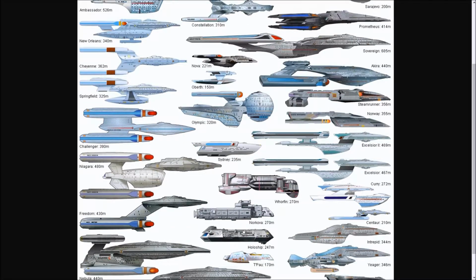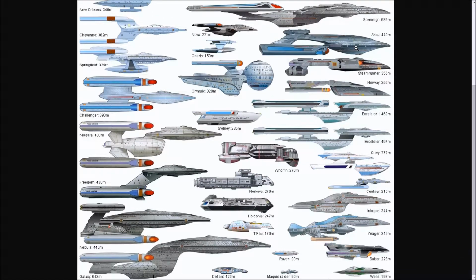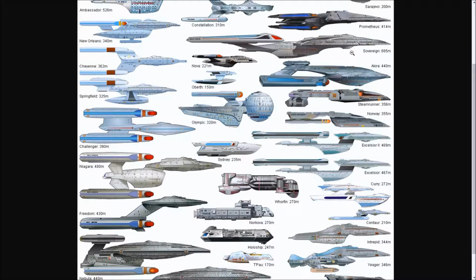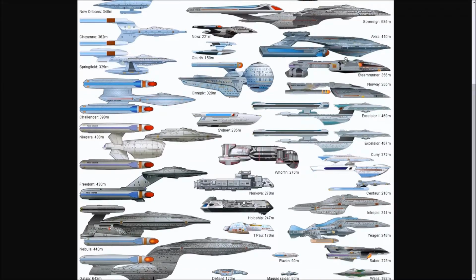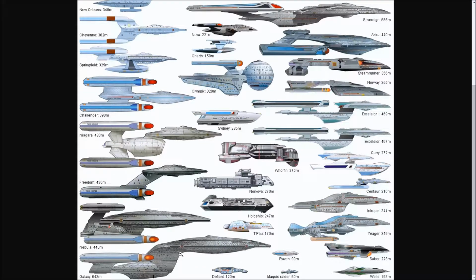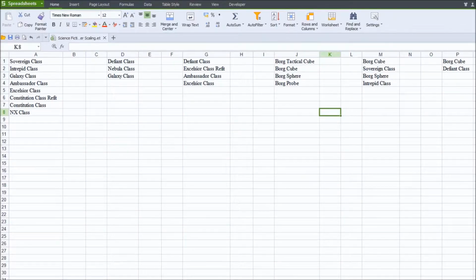Then we've got the Sovereign class, and the Sovereign class is a bit longer, but it has less volume overall, and there's some technological improvements over the Galaxy class that I'm not going to talk about right now. I'm going to save that for a little bit later, but for now, let's get back to the spreadsheet.